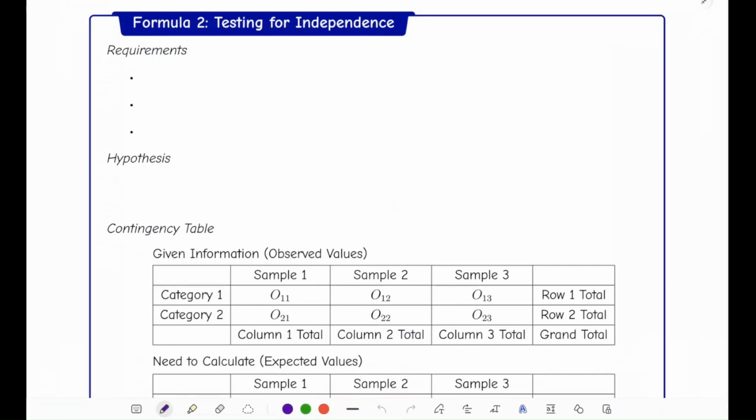Hello, this is part 2 of section 8.3. So now we're going to be testing for independence.